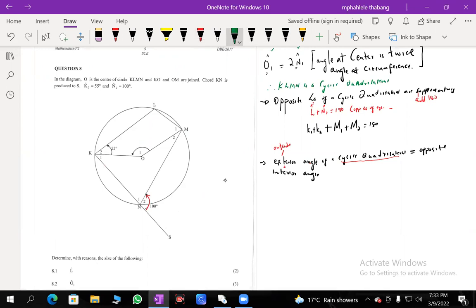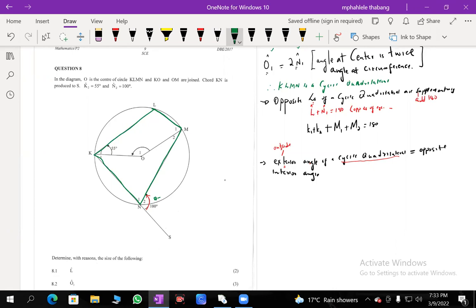Remember, the cyclic quad is here. This is our cyclic quad. So when you look at angle N2, you see it's outside, so we call it the exterior angle of a cyclic quad. This exterior angle is equal to the opposite interior angle. Interior means the inside angle.